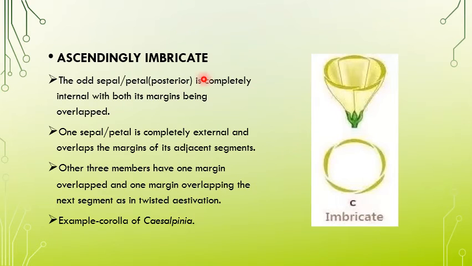The next is descendingly imbricate. The odd petal or sepal is completely internal. Odd means they have 5 petals. Out of 5, 1 petal is completely internal, with both its margins being overlapped.